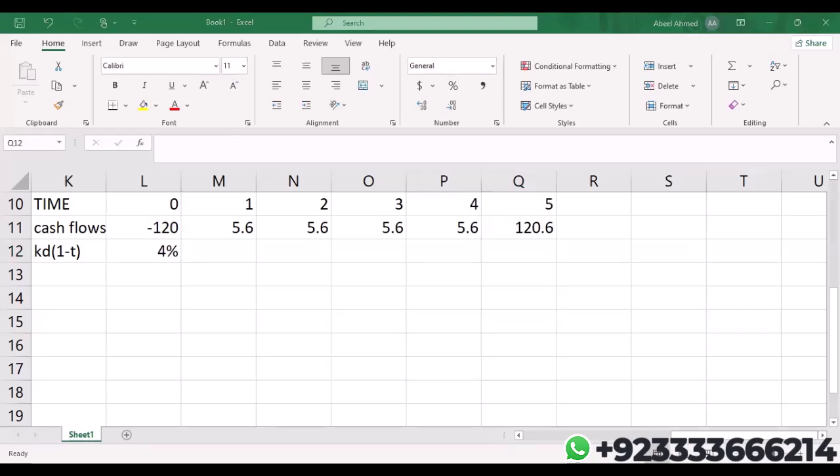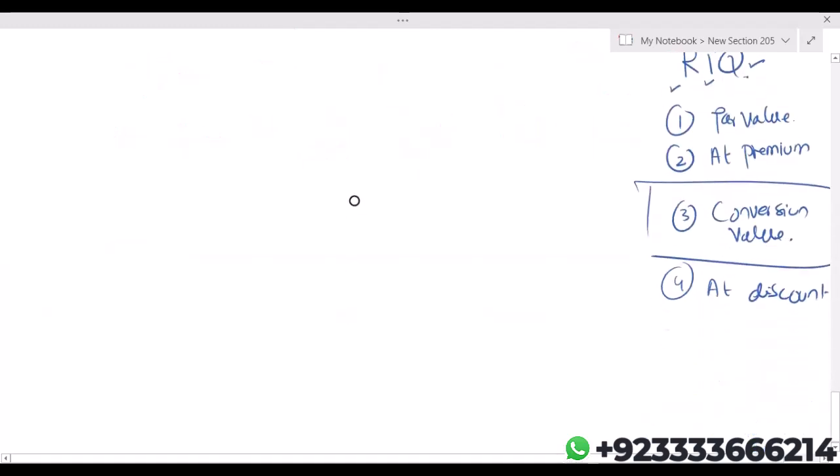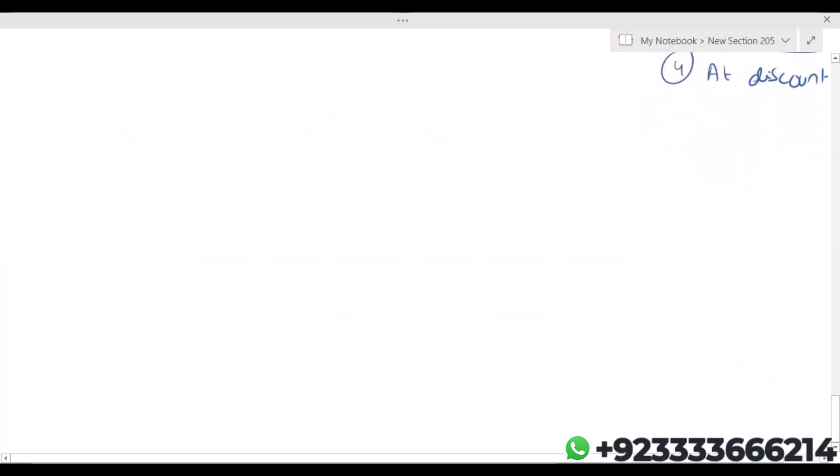Let's go back to the OneNote. Okay, now let us discuss an extremely important concept, and that is cost of capital.